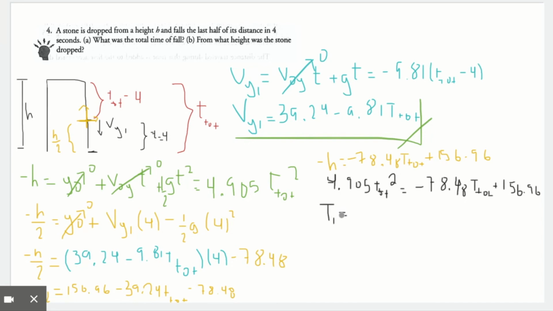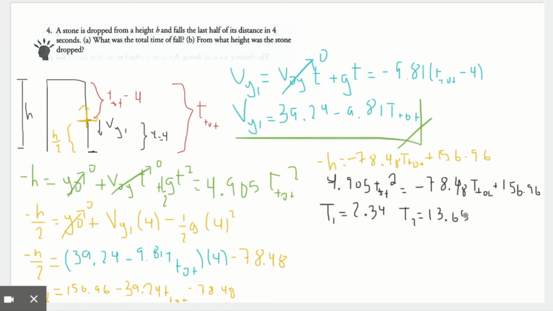T1 equals 2.34, and T2 equals 13.65. Okay, these are the two possible times. We won't pay attention to the first one because we know that it's taking 4 seconds to make this path. There is no possible way that it takes 4 seconds to make the second half and 2 seconds to make the entire trip.